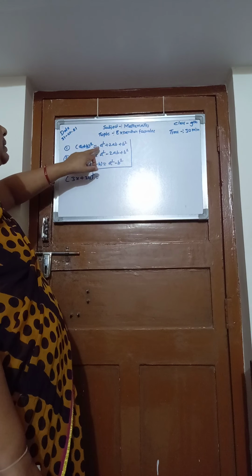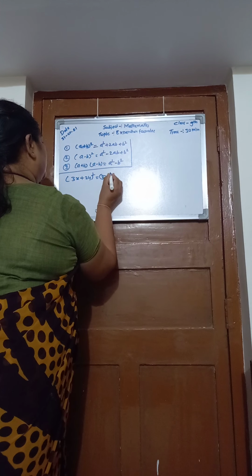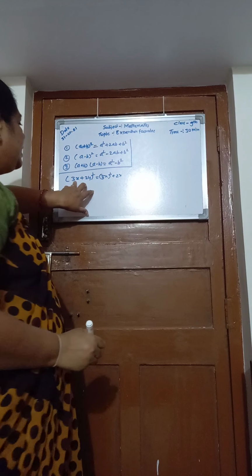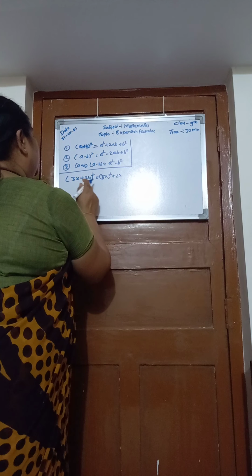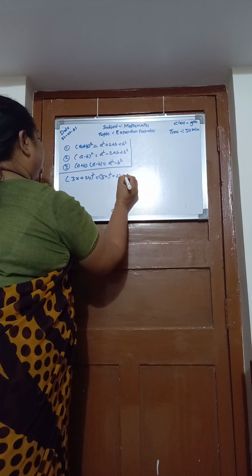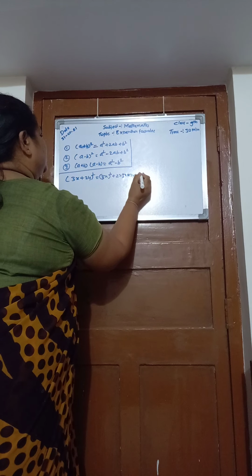Then what will be the answer? a square, that is 3x whole square, plus 2ab, that is 2 into 3x into 2y, plus 2y whole square.